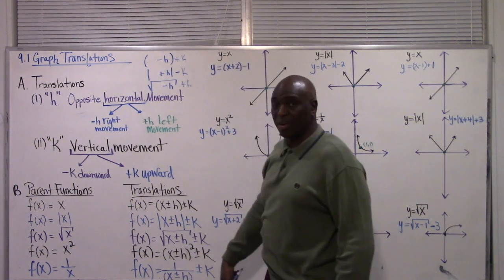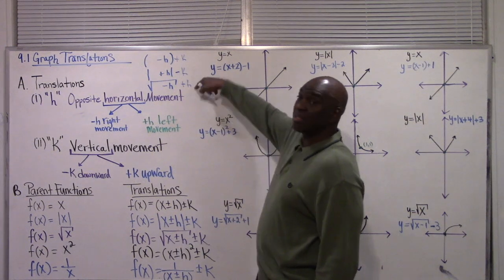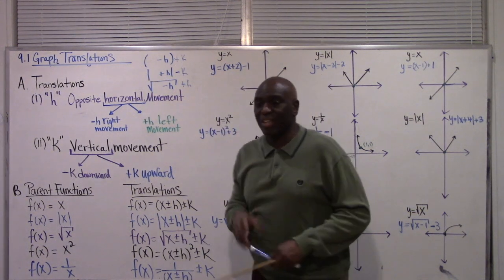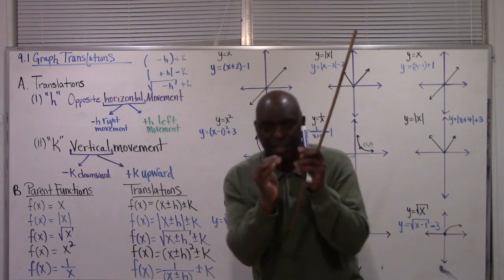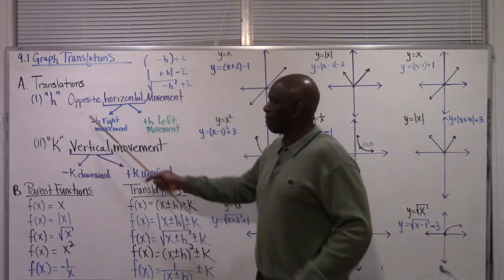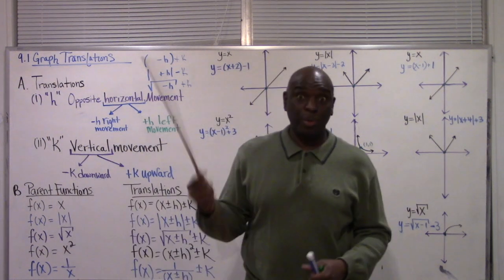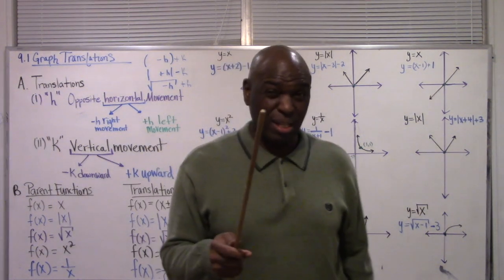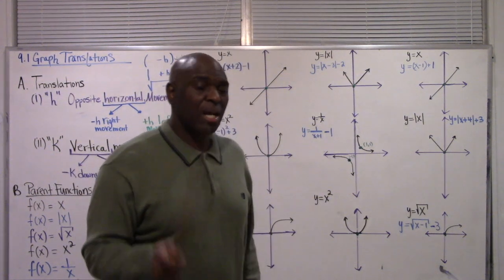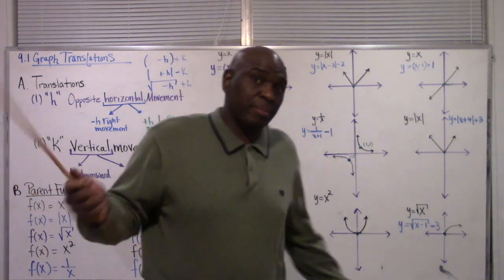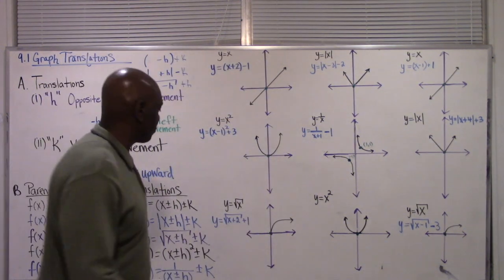Minus k means down k units. So the h on the inside, go opposite. The k on the outside, you go in that direction. You got it? That's important. That's key. Let's look at a few examples.